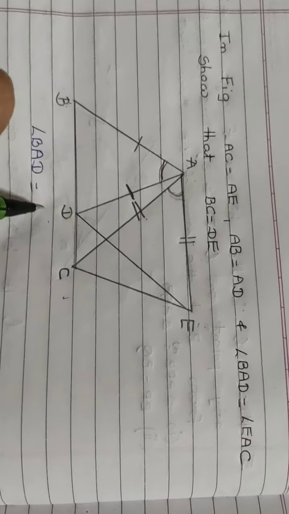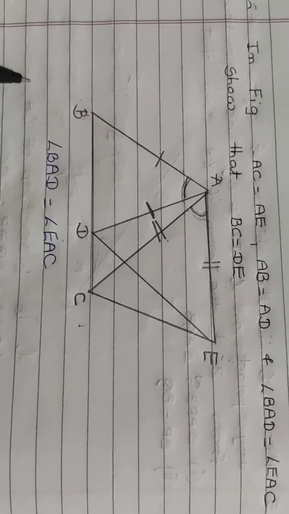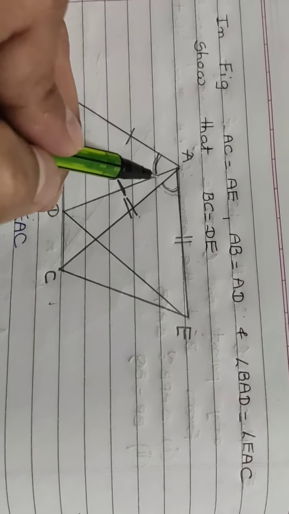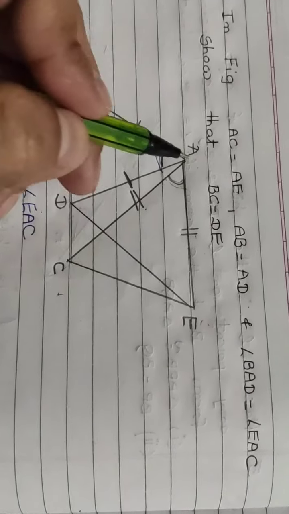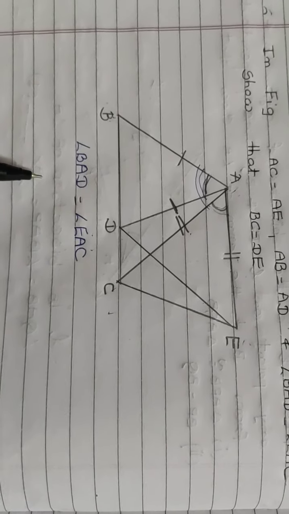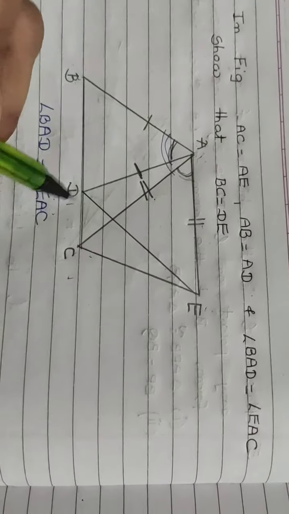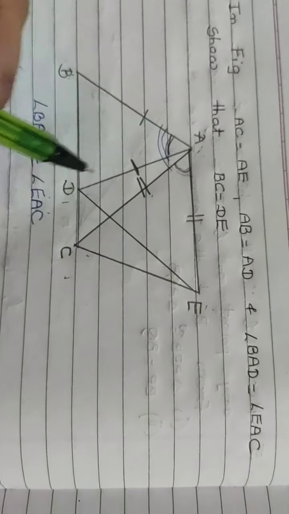Am I right? Now, BAD, that means this much angle, if we add the CAD angle to it, it will become the whole BAC angle, right? And here, if we add CAD to this angle, it will become the full angle EAD.